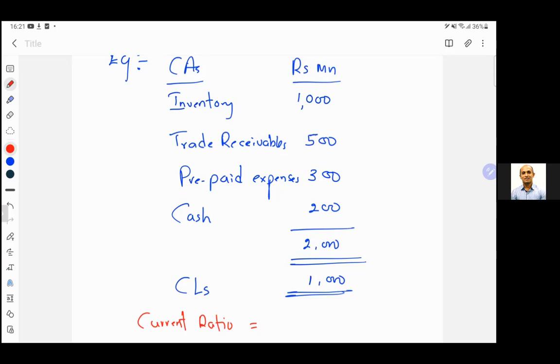Well, current ratio equals current assets divided by current liabilities.